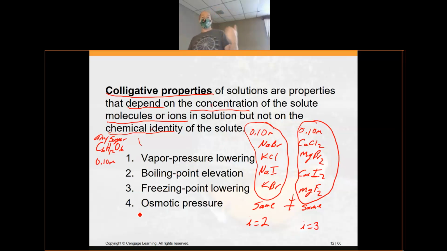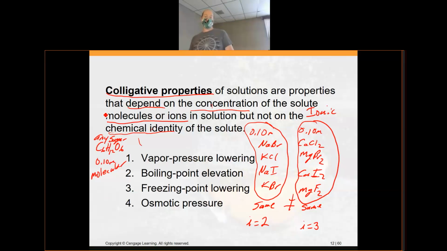They will all be exactly the same. But again, that's not the same as the I value of 2 or the I value of 3. These are molecular compounds. These are ionic compounds. So when you talk about ionic compounds, it's the number of ions in solution.